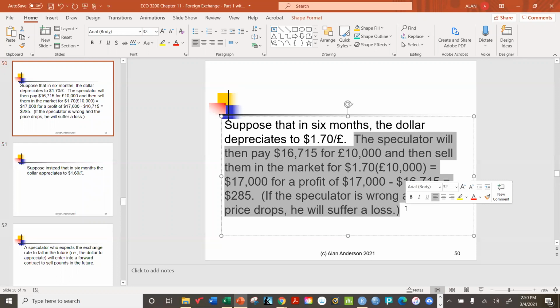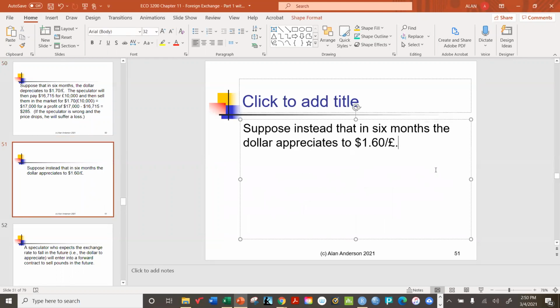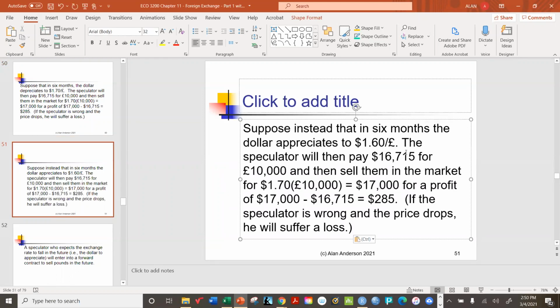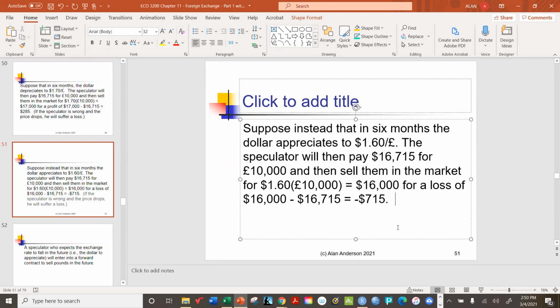So rather than hanging on to all these pounds, he'll have to sell them for a loss. He'll pay $16,715 for them and sell them in the market for $1.60. And that means he has a loss of 16,000 minus 16,715. Wow, that's not good. In other words, he ends up losing $715 because the dollar got stronger.